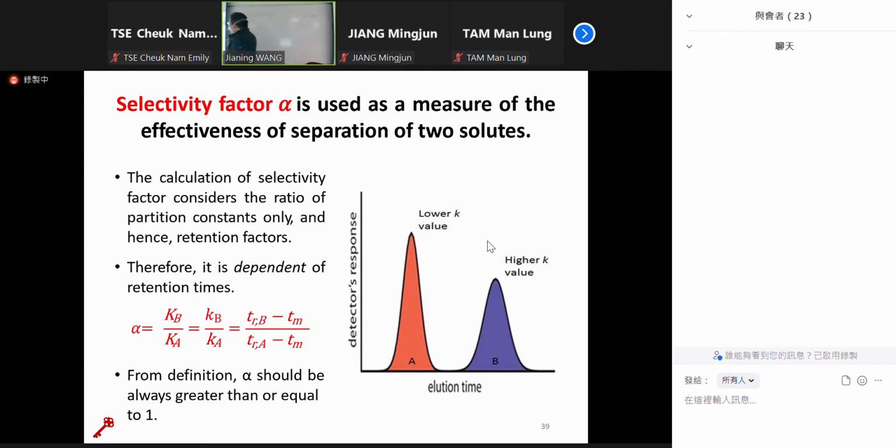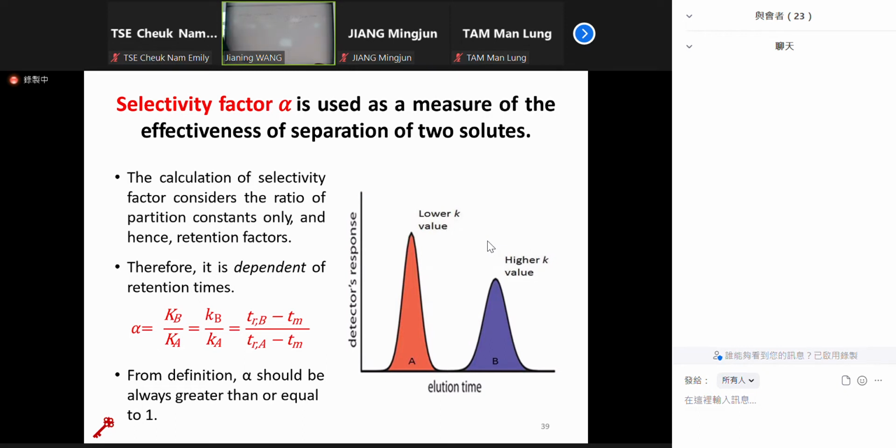When we consider two solutes, we need another factor called alpha, the selectivity factor. So the definition is just KB over KA.